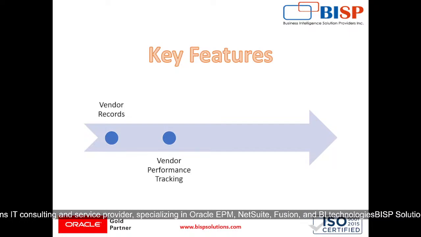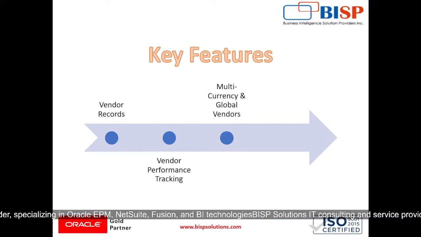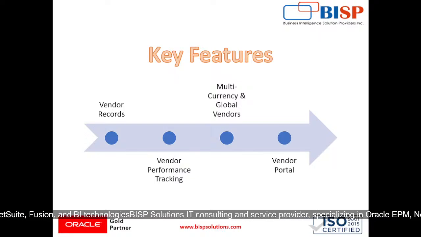Then comes our vendor performance tracking, where it monitors delivery times, quality and pricing history. Next is multi-currency and global vendors, where it supports vendors from different countries. And lastly, it has the feature of a vendor portal, where vendors can log in to check orders, invoices and whether payment is done or not.